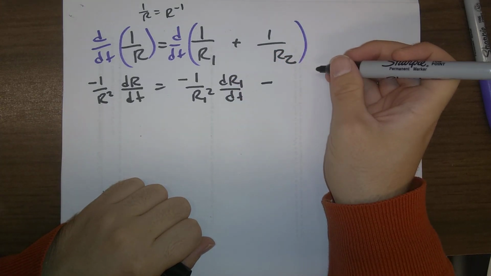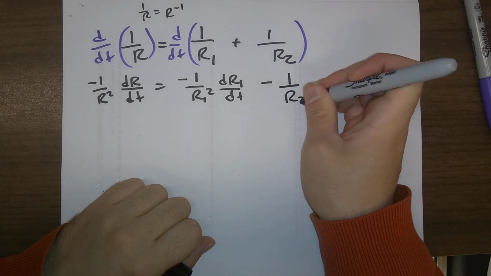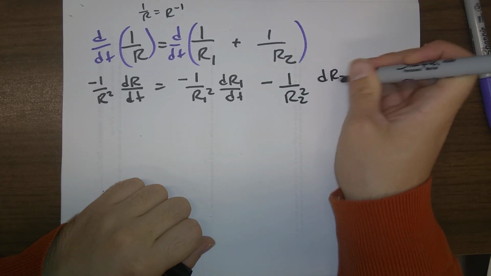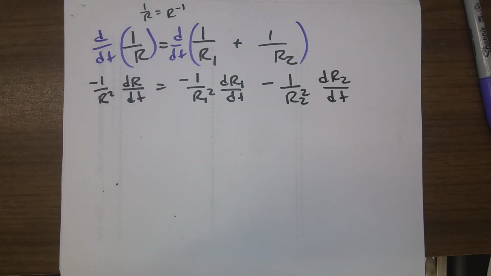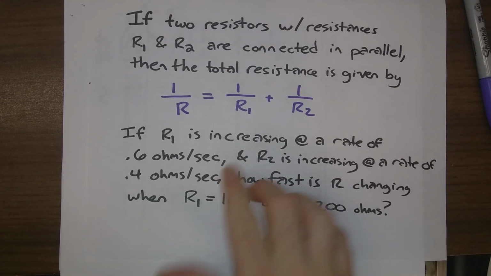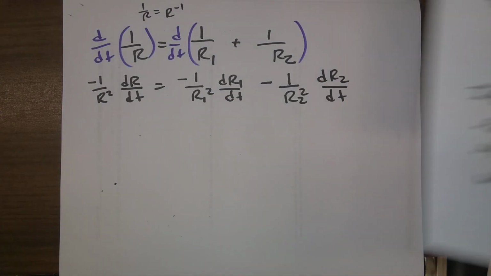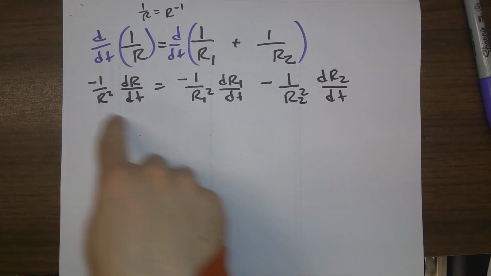And the derivative of 1 over R2 is minus 1 over R2 squared times dR2/dt.